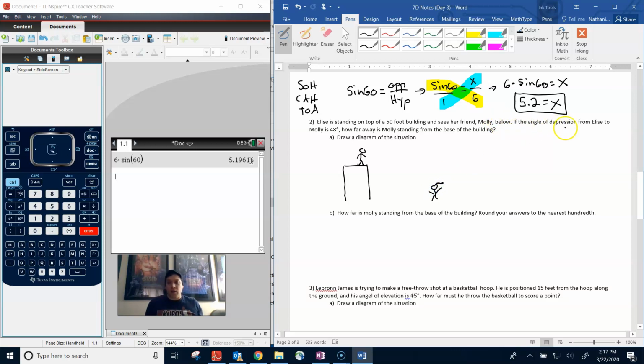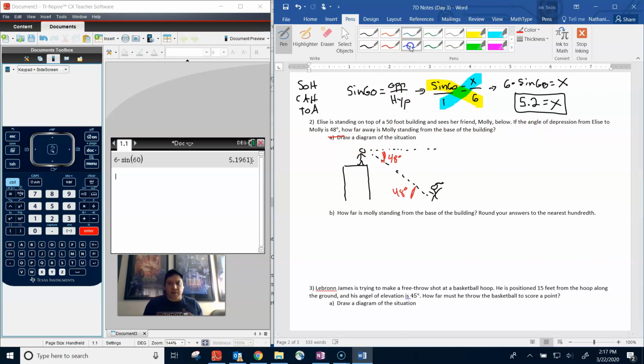All right, if the angle of depression from Elise to Molly is 48 degrees, remember, if you draw your angle of depression, we have to draw straight out. Then we're going to draw to Molly. So we know that this is 48 degrees. That means this spot here is also going to be 48 degrees.